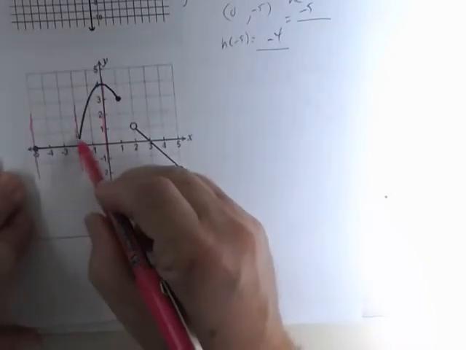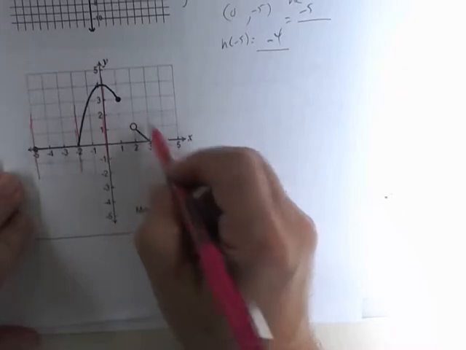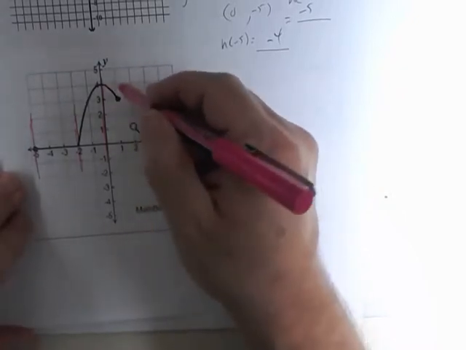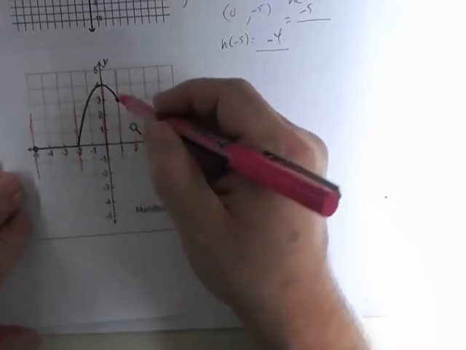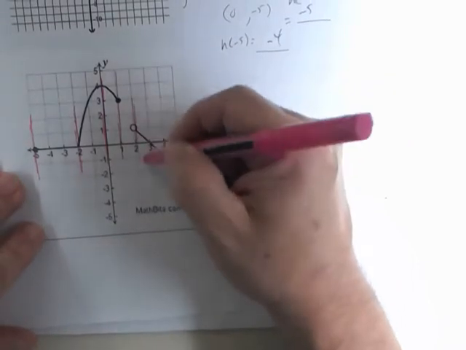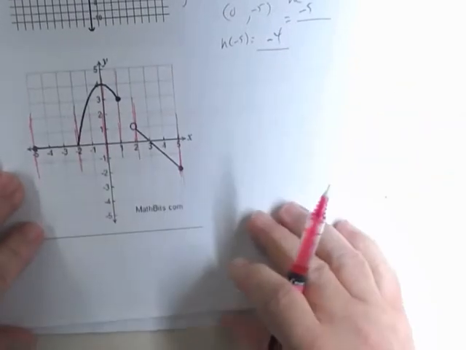What are my y values doing? Increasing. Now be a little bit careful here because there's a break. You see this break? Okay, from 0 to 1, what's my y value doing? Okay, and then from 2 to what? 5, my y values are doing what?